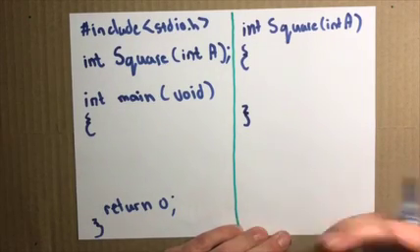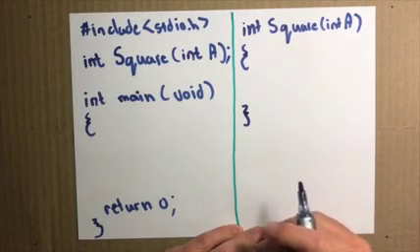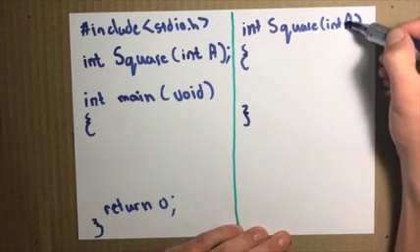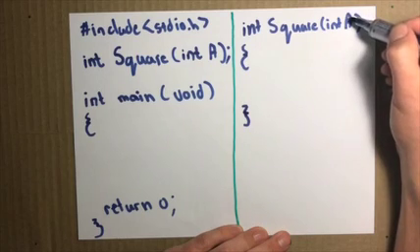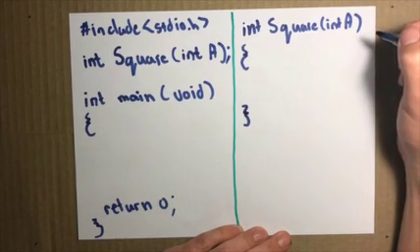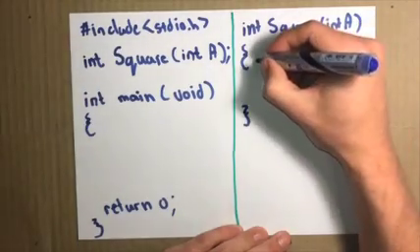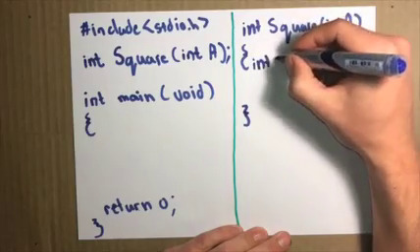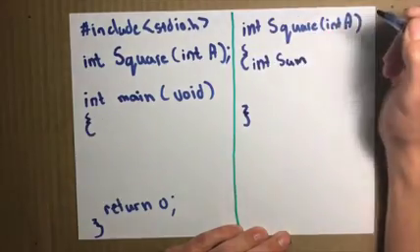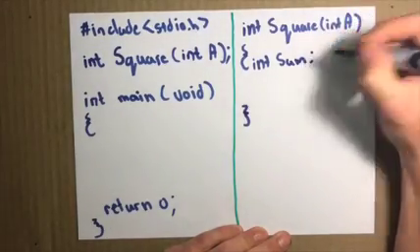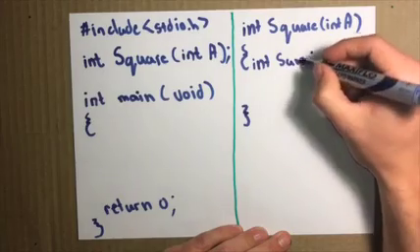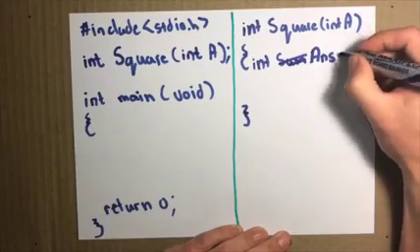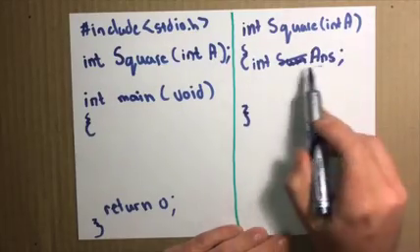Now how do we get the square of a value? Let's say this function receives a value inside this parameter, so the value is now inside a. Now we need to calculate the square. So let's say we create another integer inside this function and we call it answer.